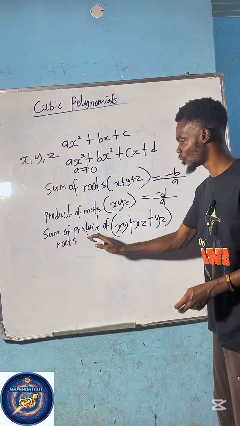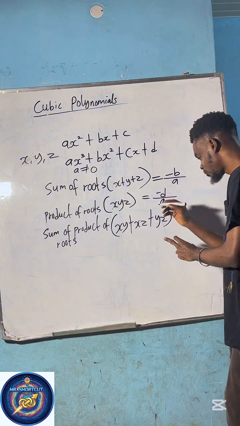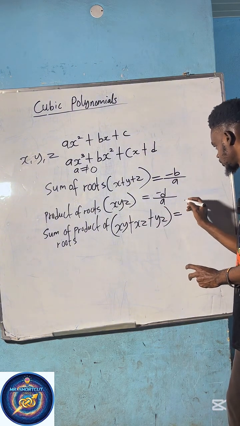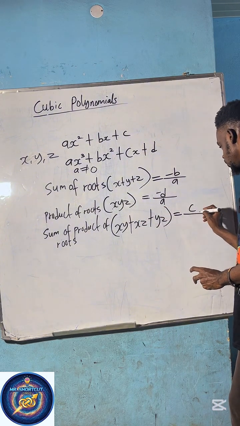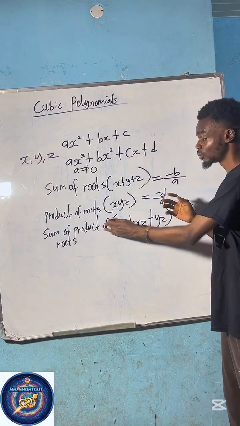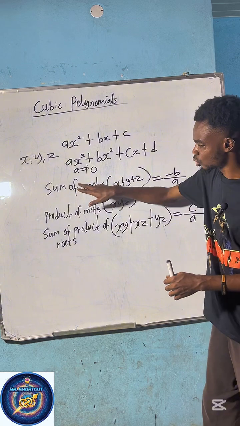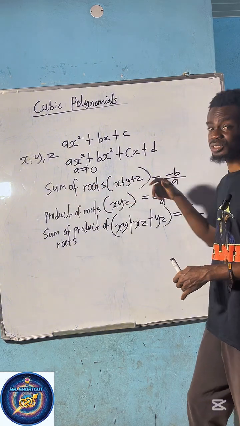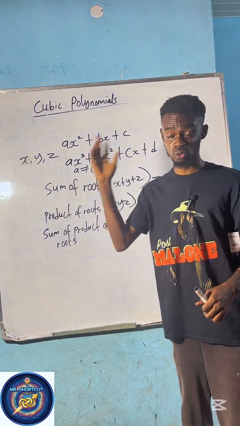So this is the sum of the products of the roots, and the formula for it is simply c over a. That is the formula for the sum of the products of the roots. You see these two formulas, sum of roots and the product of roots. These two formulas will help us to solve cubic polynomials.